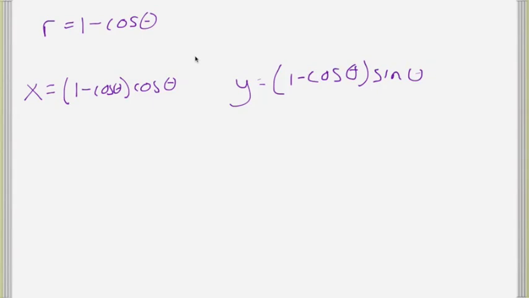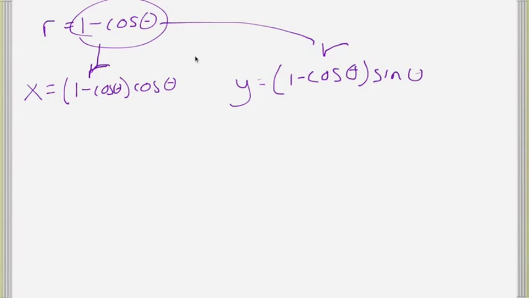And then we're going to find our slope parametrically. So I'm just going to take r and plug it in, so it's just an extra step, and then do the parametric derivatives.